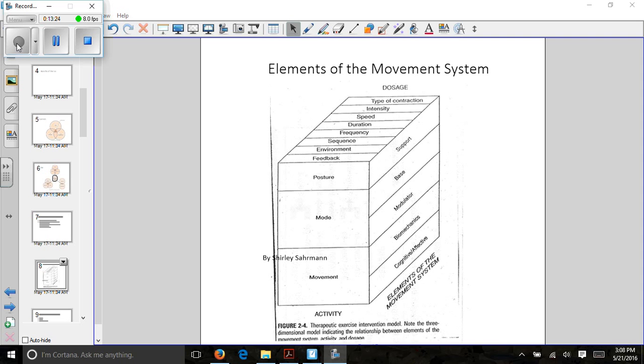And then the support system are things that keep our body alive: the cardiovascular system, respiratory system, even the integumentary system. So, metabolic systems, all of those things help to support us in order to be able to move. So this is just her framework of looking at movement from this systems-wide perspective.